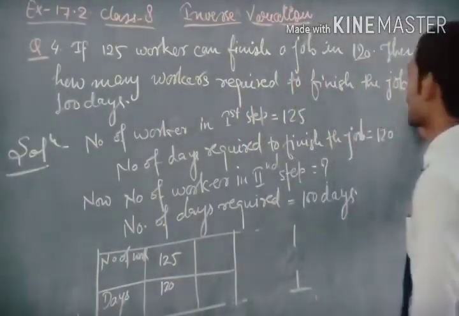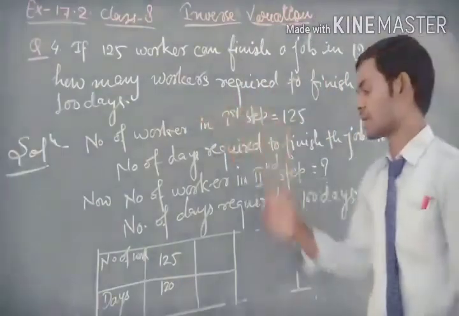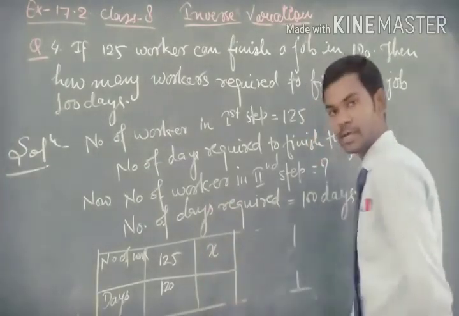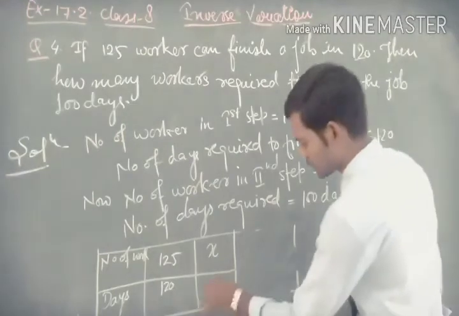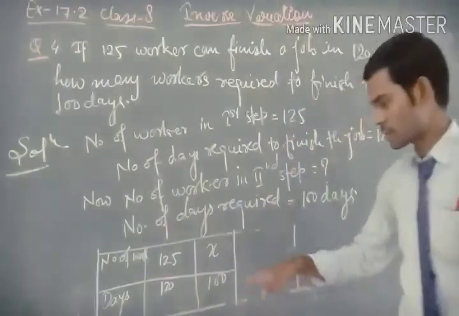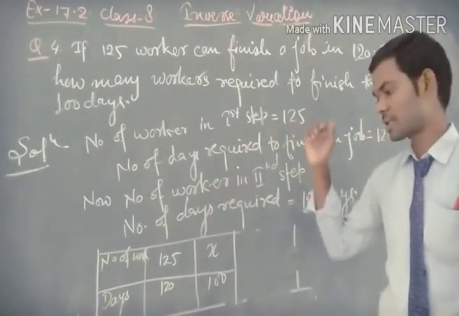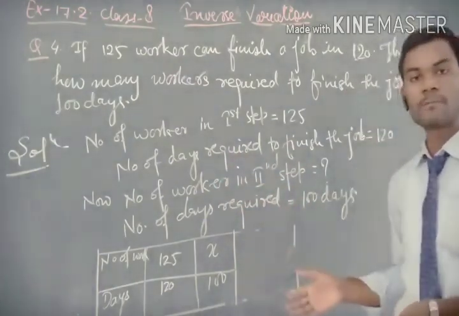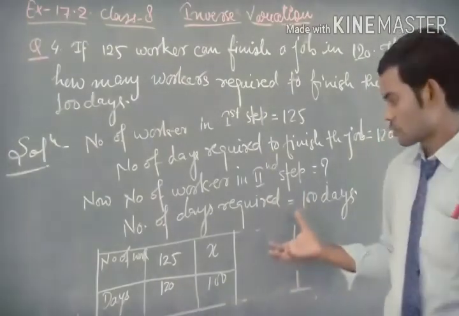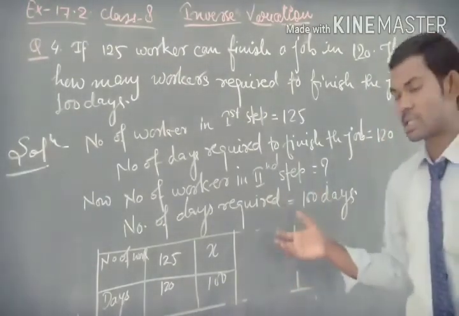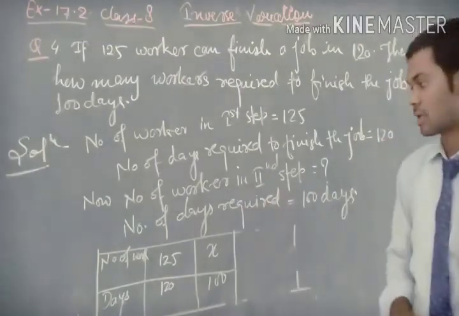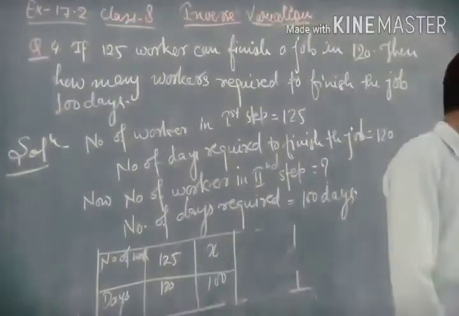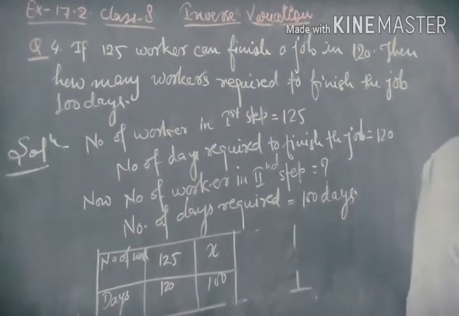And the second part, how many workers, that is to be found, and let this be x, and the days is 100. So you can make the table like this, or you can write like this. Both give us the same answer, so don't be confused. Whichever you think is easy for you, you can apply that method. Okay, now let's solve the question, just applying the formula of inverse variation.